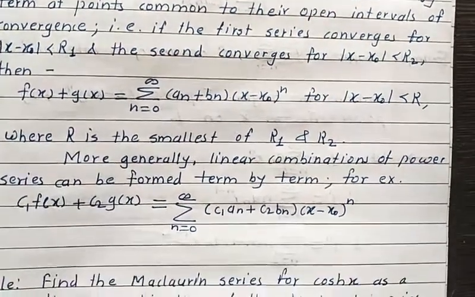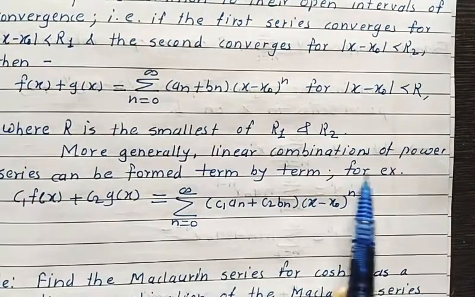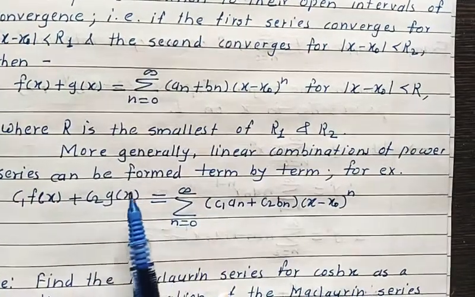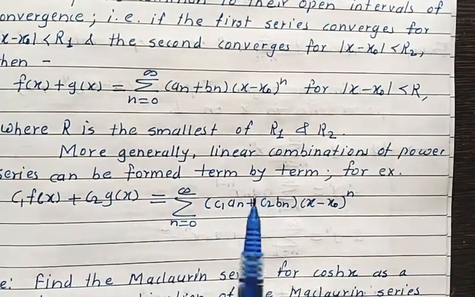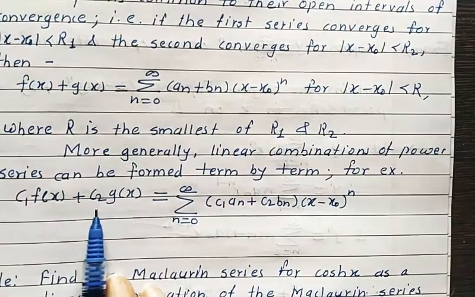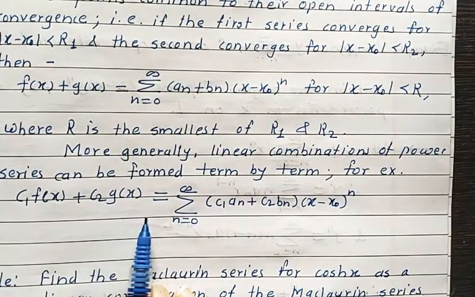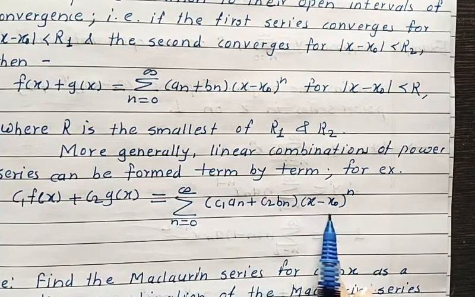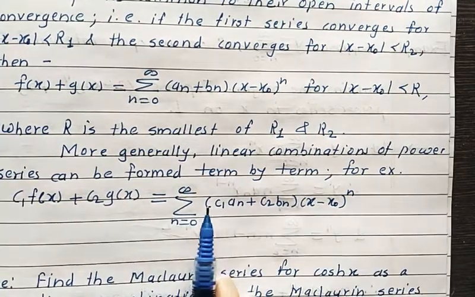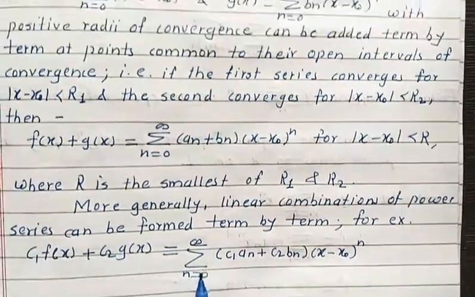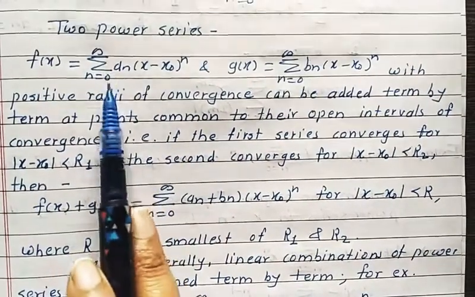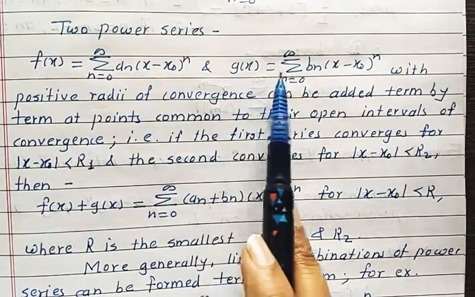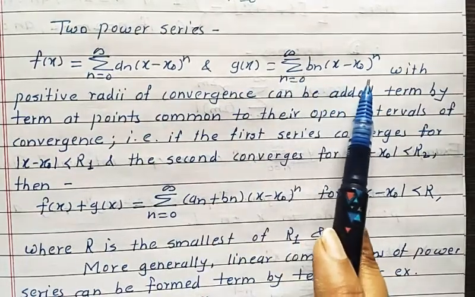Okay, more generally, a linear combination of power series can be formed term by term, meaning C1 f(x) plus C2 g(x) can be written as summation of (C1 a_n plus C2 b_n) (x minus x naught) raised to n, n varies from 0 to infinity. Because f(x) is summation of a_n (x minus x naught) raised to n, and g(x) is summation of b_n (x minus x naught) raised to n.